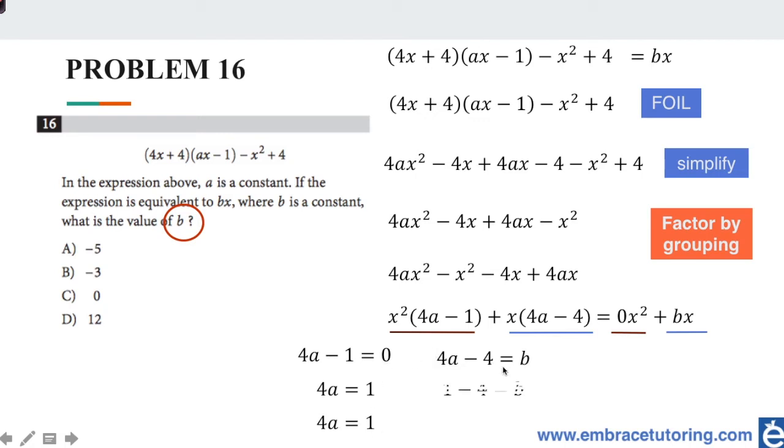So I have 4a minus 4, which becomes 1 minus 4 equals b, which then would be negative 3 equals b, right? Because remember, these are singular x's. So my 4a minus 4 is equal to b, and my 4a minus 1 is equal to 0 because these are attached to my x squared and my x respectively, which makes negative 3 equals b my best answer.